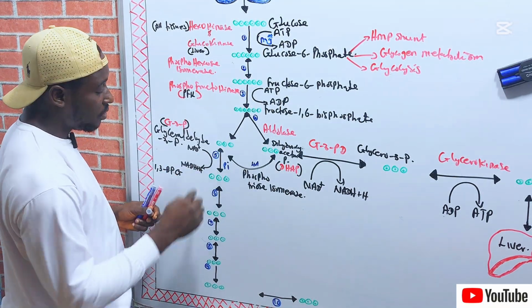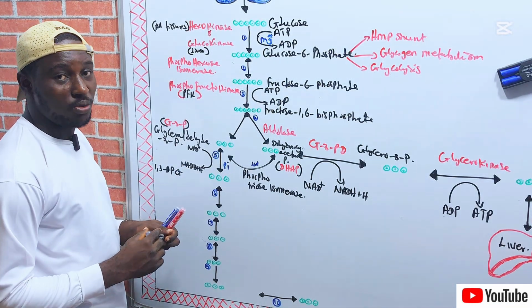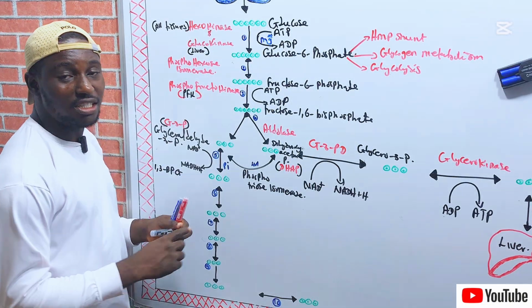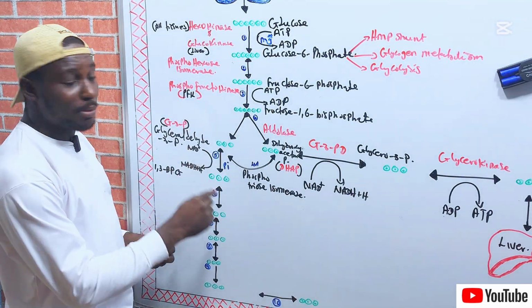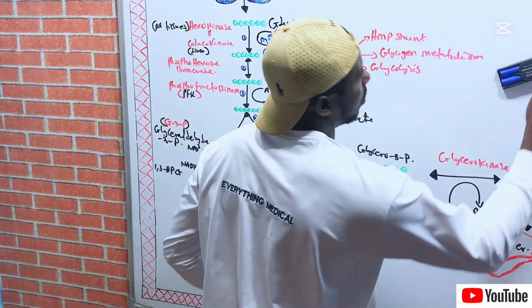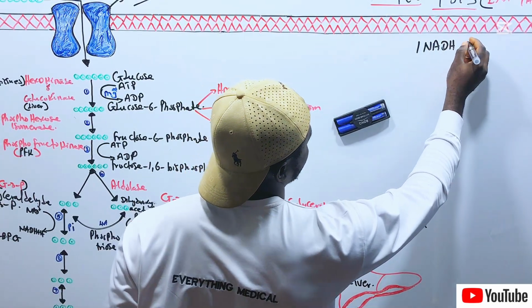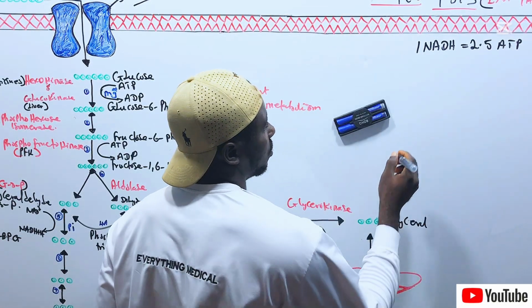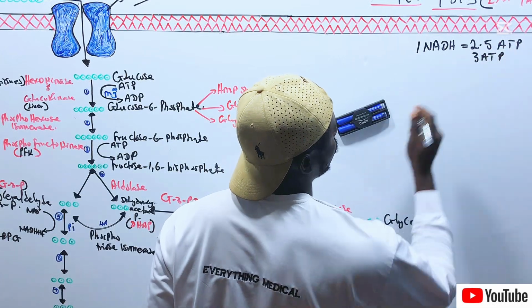Why is this the reduced form? This is the one that enters the ETC, the electron transport chain, to generate ATP. And 1 NADH equals 2.5 ATP in the new calculation and 3 ATP in the old calculation, right?